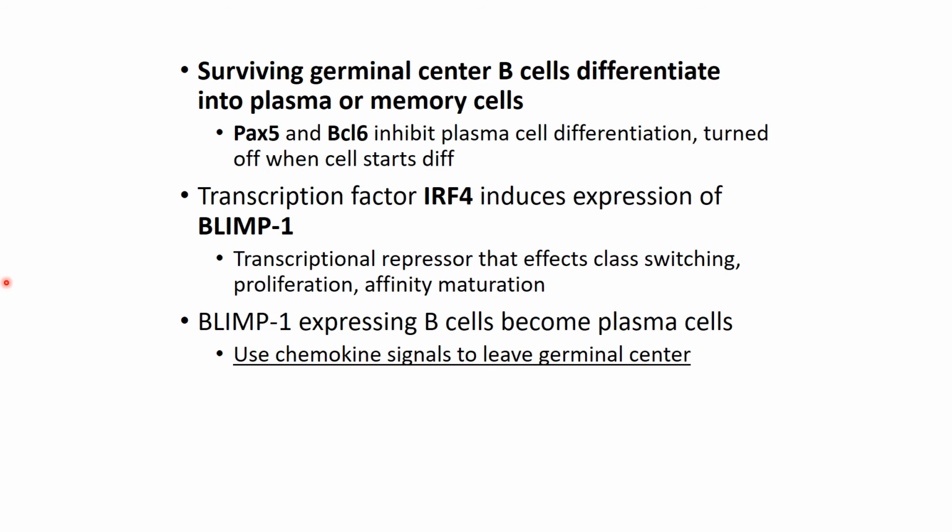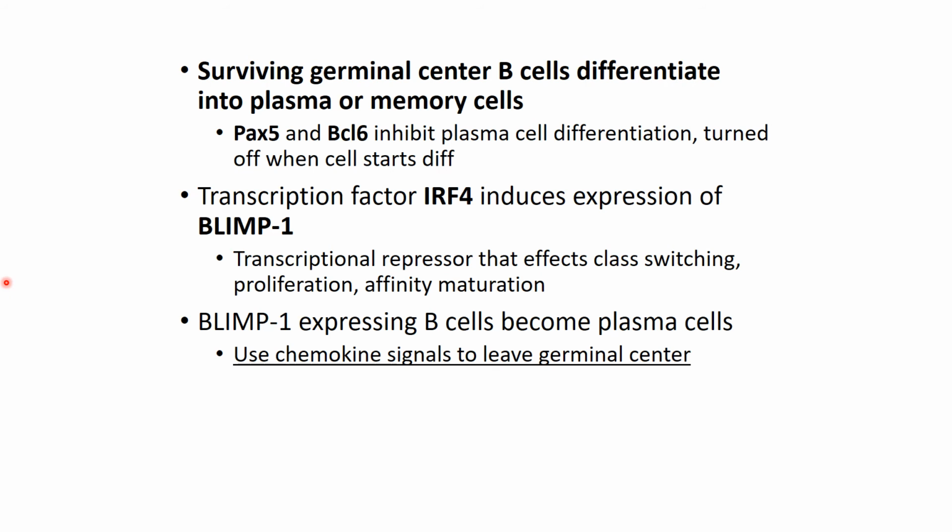So BLIMP1 is actually, it's kind of weird because this is a repressor. So it's going to take time for the repressor to kick in, for the repressor to get expressed. So while you're going through and you're activating the cells, you're getting them to be memory cells, you're getting them to go through class switching, and then at the tail end, IRF4 goes and activates BLIMP1 that shuts down class switching.